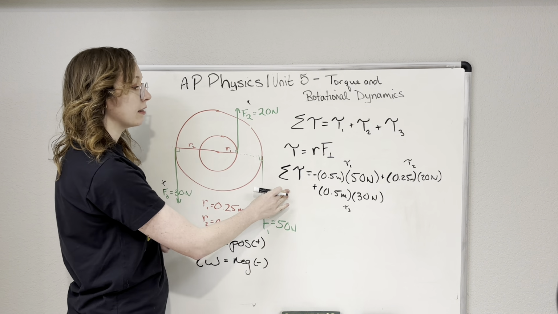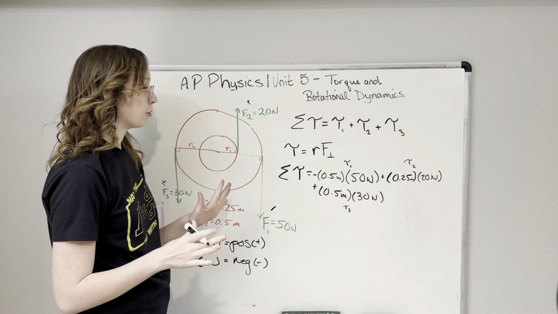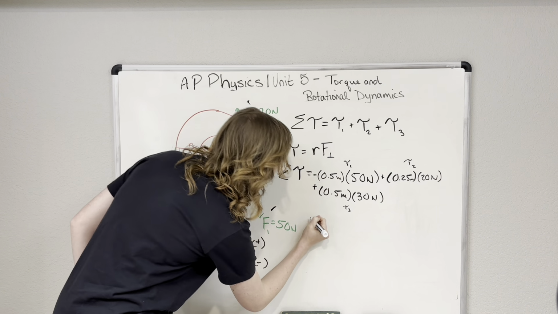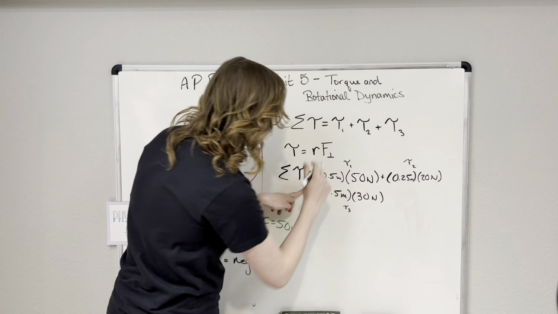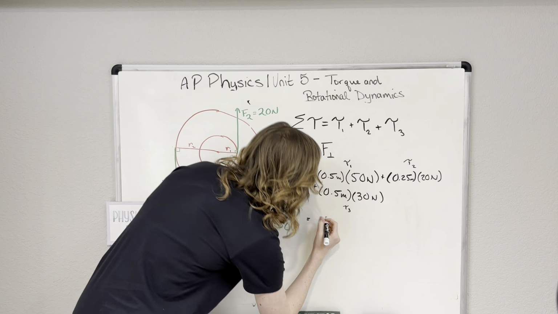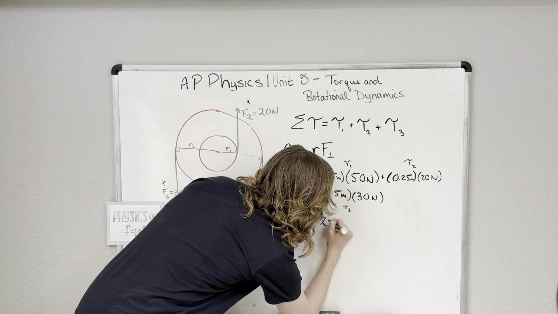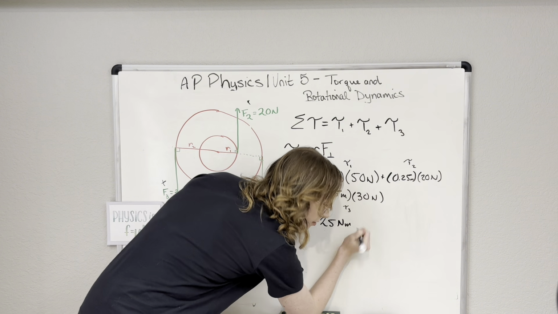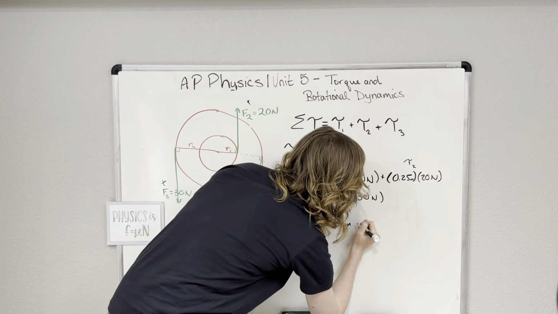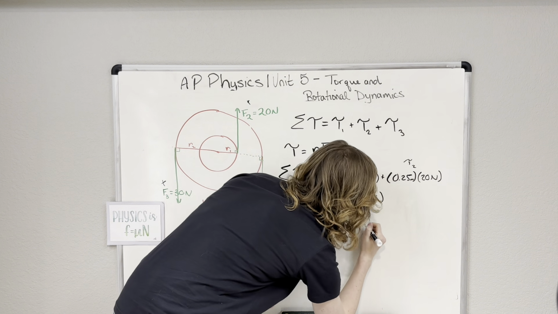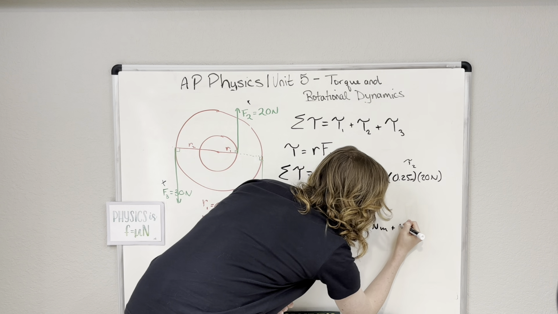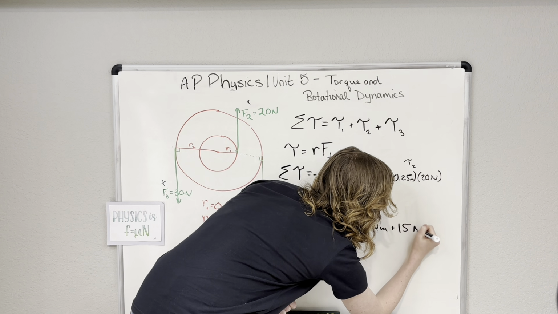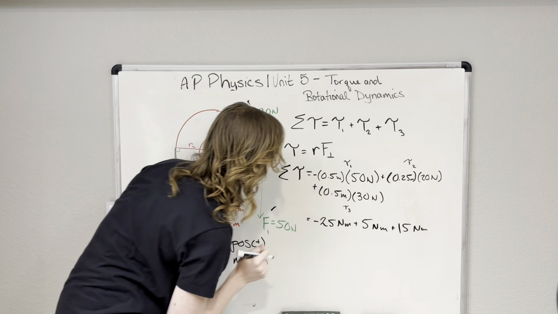So we're just calculating the sum of our torques by adding all of our torques up together. We've got them all calculated there, and now we can just plug this into our calculator. We'll end up finding that our negative torque here ends up being just negative 25 Newton meters. And then we have plus 5 Newton meters plus 15 Newton meters whenever we multiply these things out.